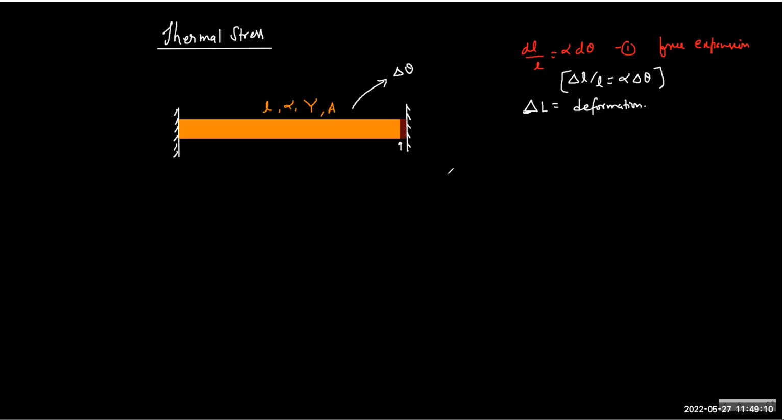At the previous temperature, this is the length, and this length is at high temperature. So when you cool down, it will try to go back to the original length, right? But because it is welded together with the other wall, it won't be able to go back. Do you realize this? Yes, sir. So this will act as a deformation. This is delta L. And luckily in this case, delta L is the same as the actual expansion.